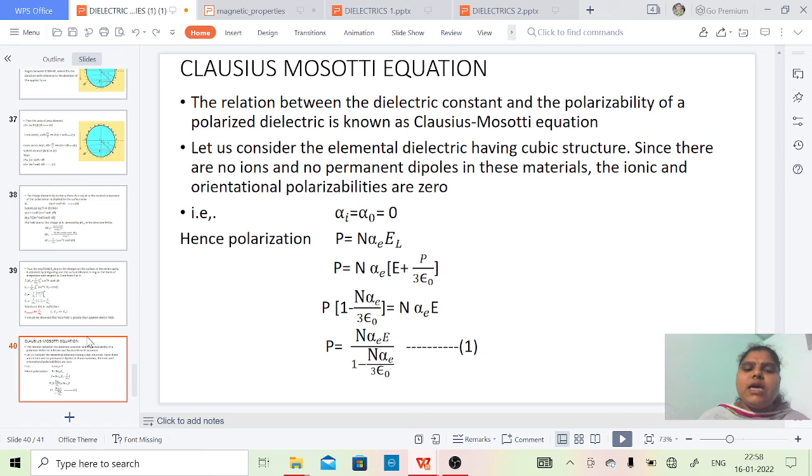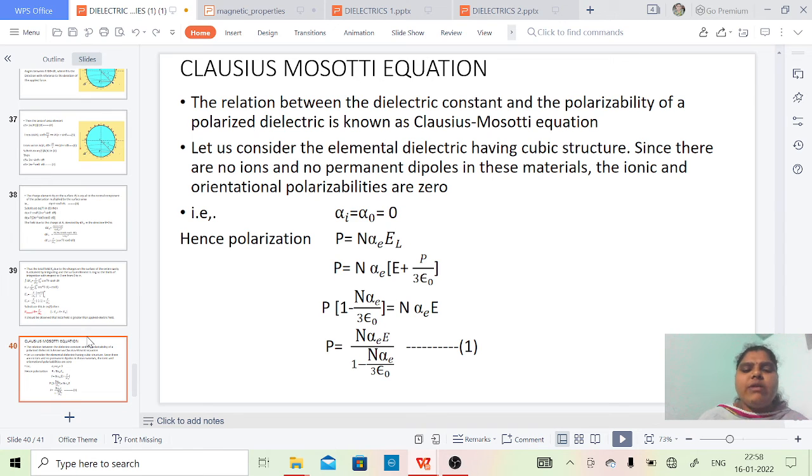So let us consider an elemental dielectric having a cubic structure. Since there are no ions and no permanent dipoles in these materials, the ionic and orientational polarizations are 0.